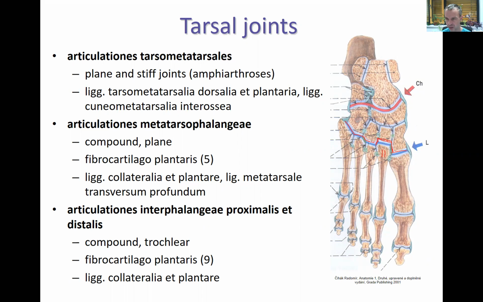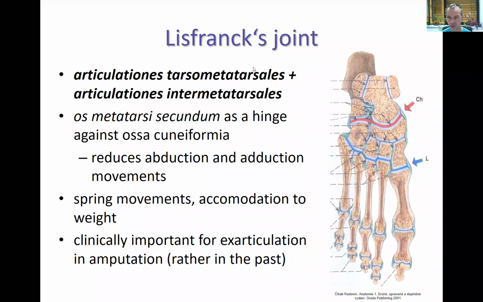And all these clefts of these tarsometatarsal and intermetatarsal joints together form a special joint which is called the Lisfranc joint. I will come to that in a minute. So these are again amphiarthrosis, stiff, usually plain joints, which are supported by dorsal, plantar, and interosseous tarsometatarsal ligaments. And they form this special Lisfranc joint.